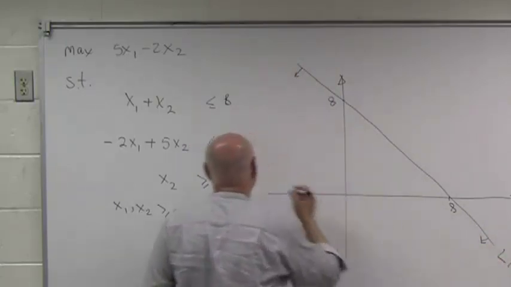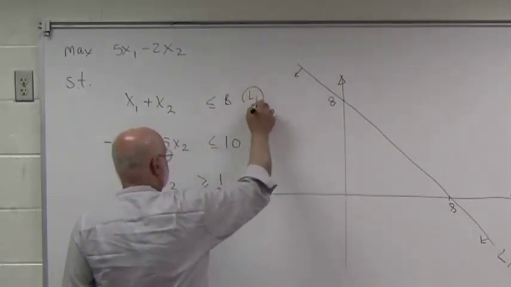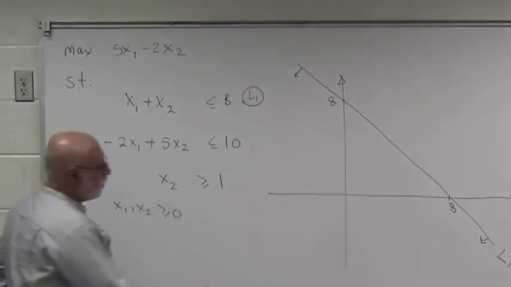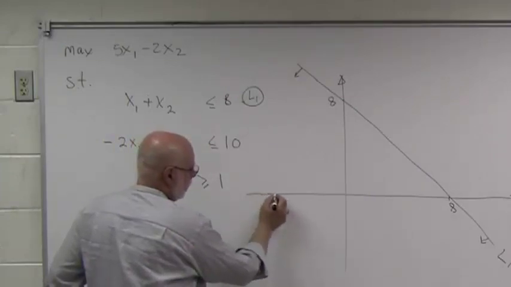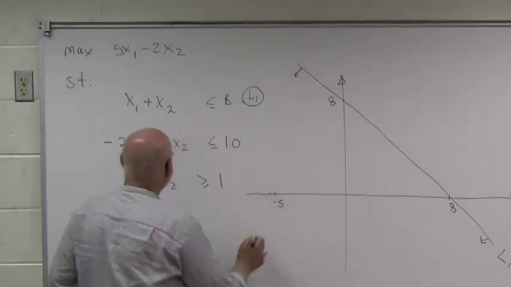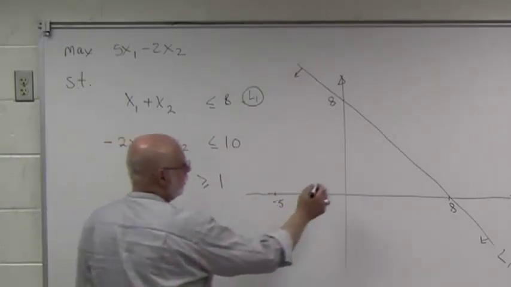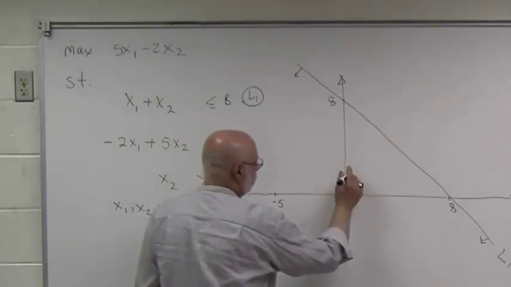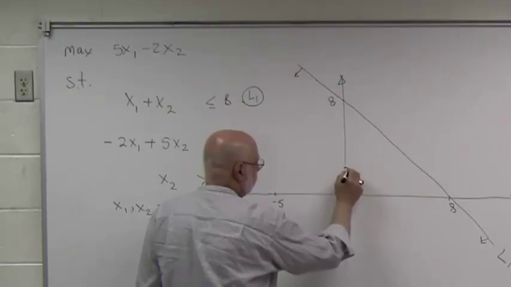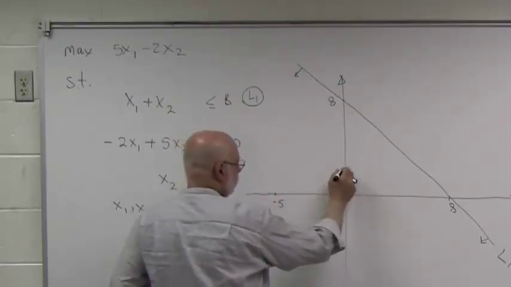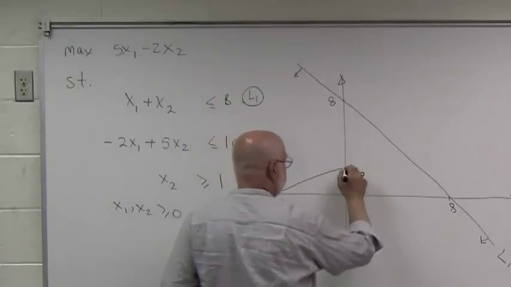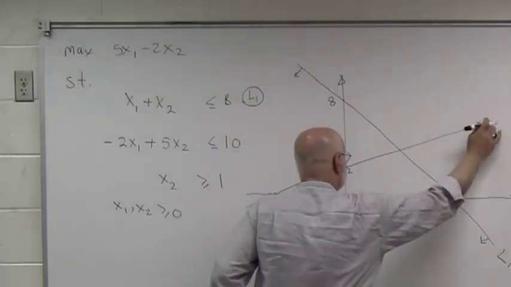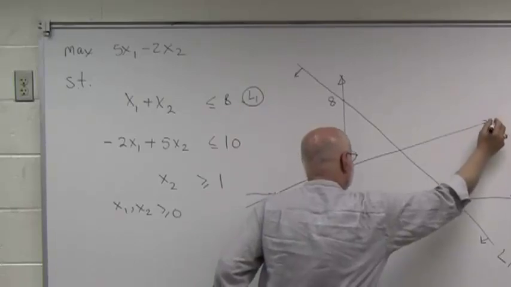That is L1. That is minus 5, and that is 2. So that is the other line, L2.